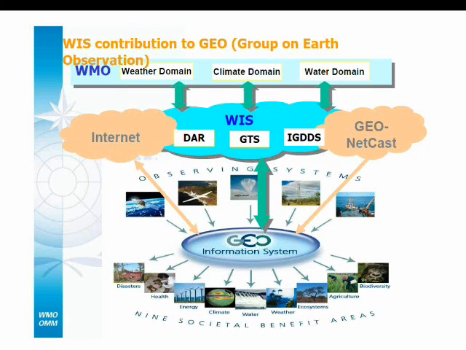And of course, that includes weather. And GEO is promoting to build the GEO system of systems, named GEOSS. WIS is expected to be a core contributing component to GEOSS.